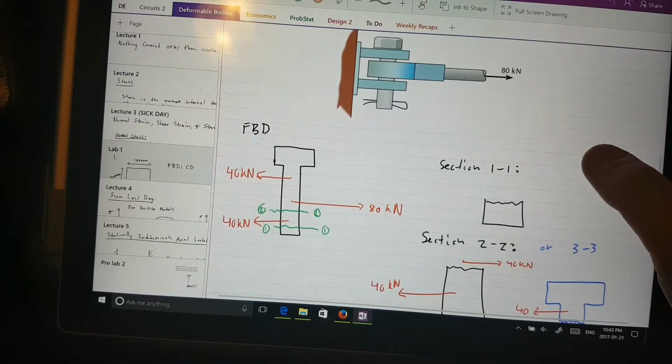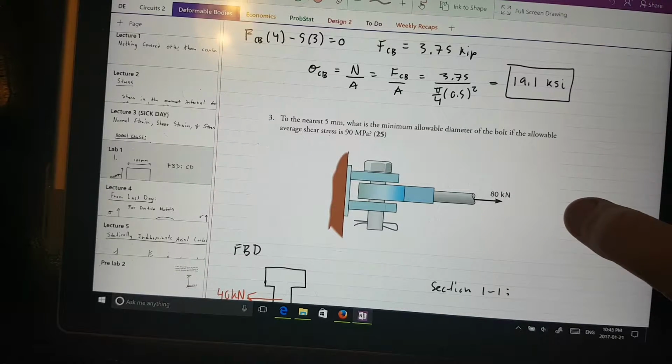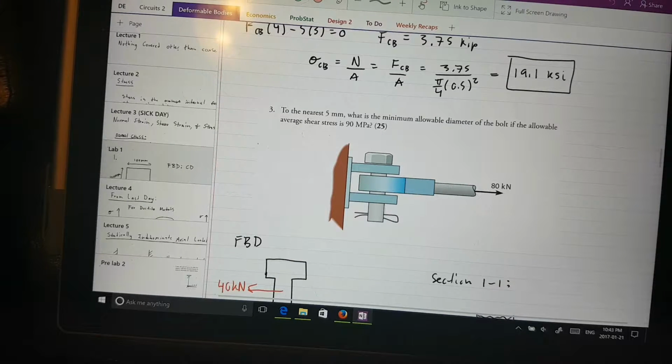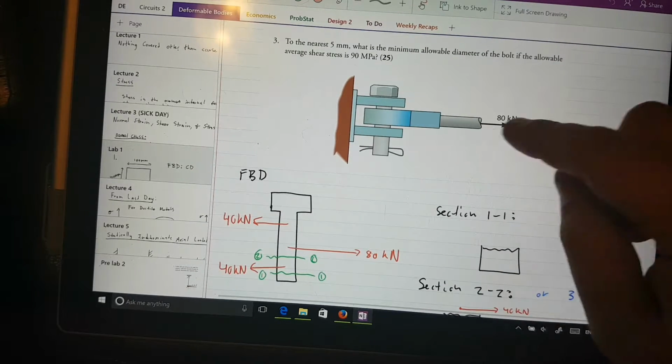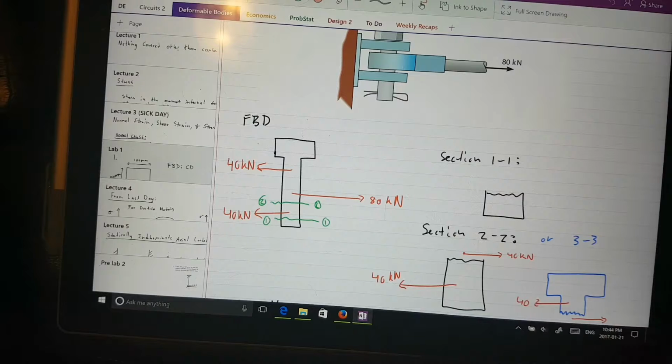This one here, we want the maximum allowable diameter if the bolt has a shear stress of 90 megapascals. So there's a free body diagram of the bolt. I said that it was 80. The only thing to resist that is going to be those 240s in that direction.